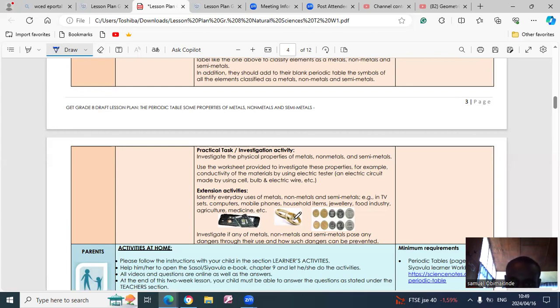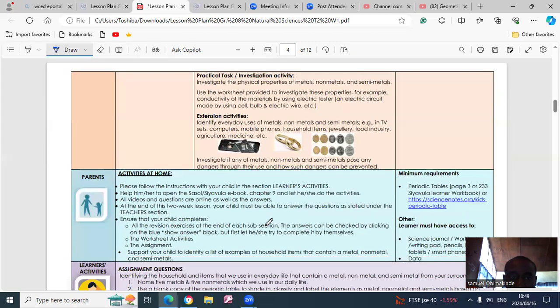So these are rings. So rings are made of metals like gold or silver, right? So here you have something that appears like a coin. So this is also metal. Then when you look at your computer, parts are made of metals, non-metals, and semi-metals. So that is a combination there.